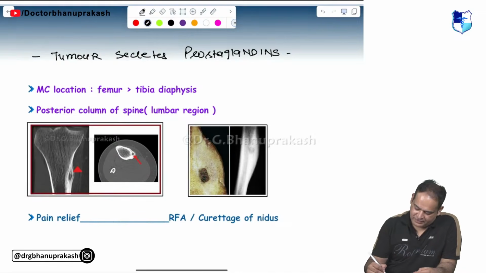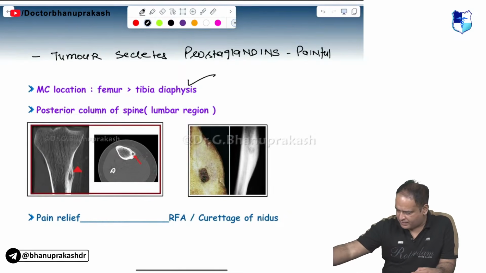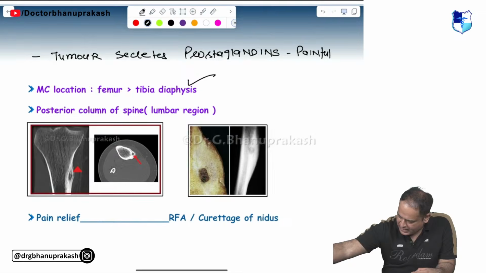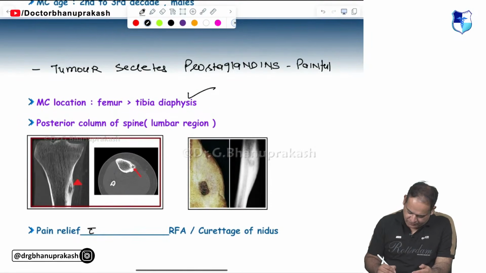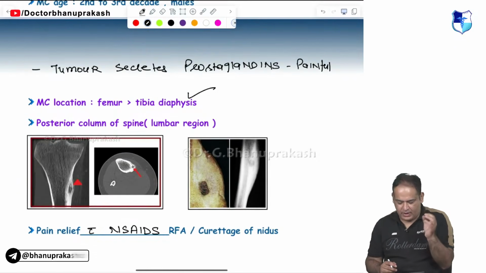So that is why it is painful. Most common location, femur and tibia diaphysis. Now, pain relief with NSAIDs, non-steroidal anti-inflammatory drugs.